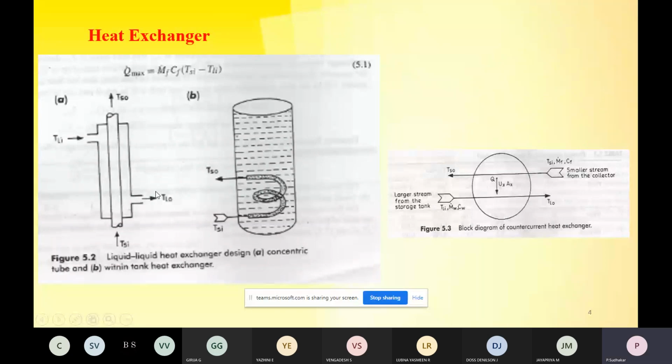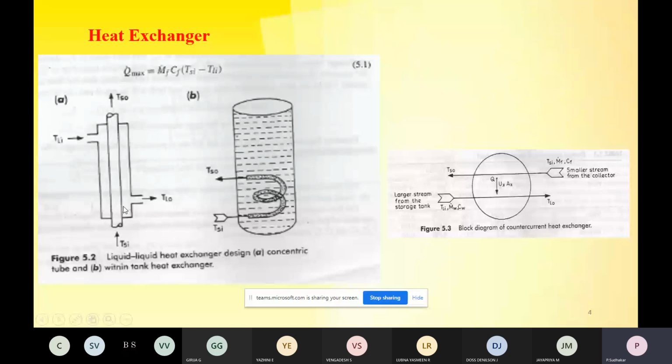So the outlet of the collector becomes the inlet of the small stream. See, this is the inlet of the small stream. Here they have given a smaller stream. This is the outlet of the collector, that is, heated water which comes here and goes inside this tube. This is the concentric part.